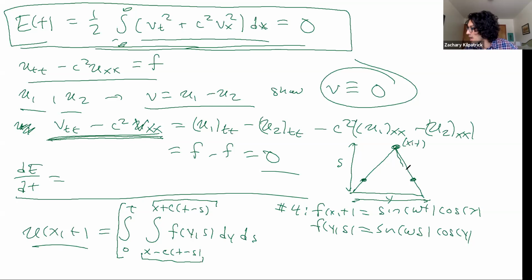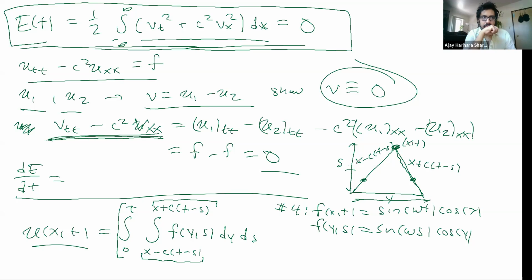And what is this line? This is just a characteristic. So the way I can define it is, let me make sure I get this right, I don't want to mess this up. This is my x plus c(t minus s), and this is my x minus c(t minus s), right?